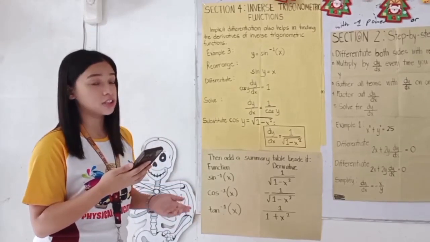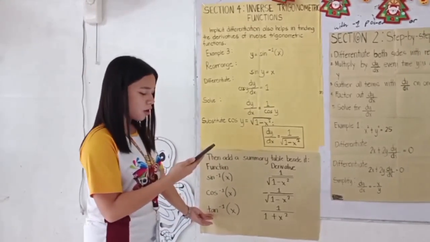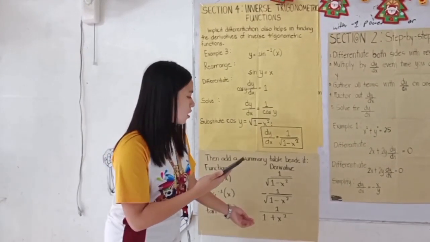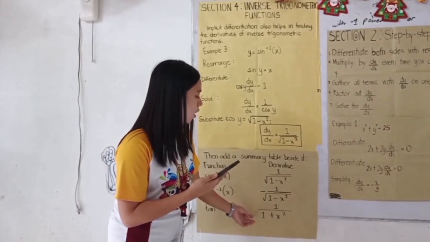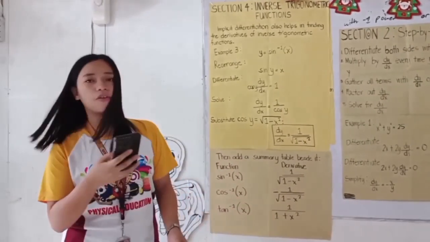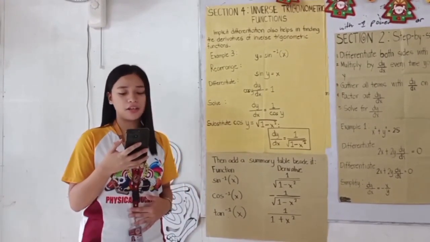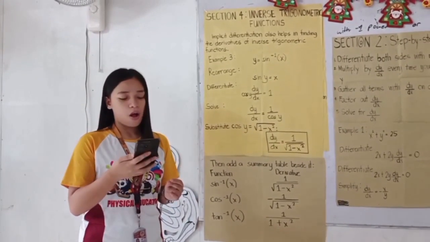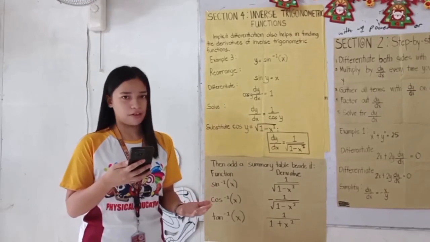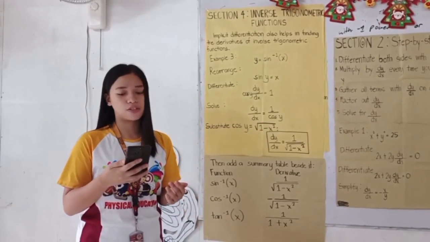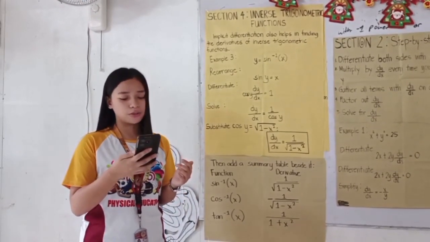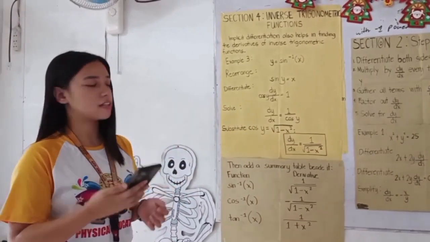And for tangent inverse of x, the derivative is positive 1 over 1 plus x squared. So these tables help us remember the common derivatives for inverse trigonometric functions, which are very useful when solving calculus problems involving implicit differentiation.